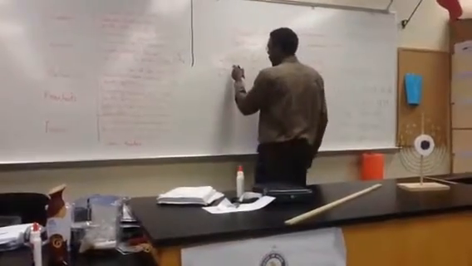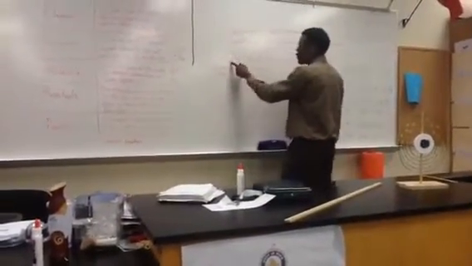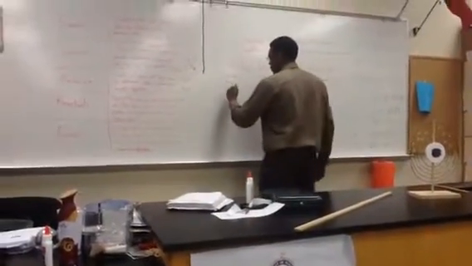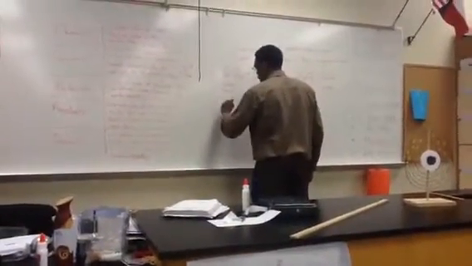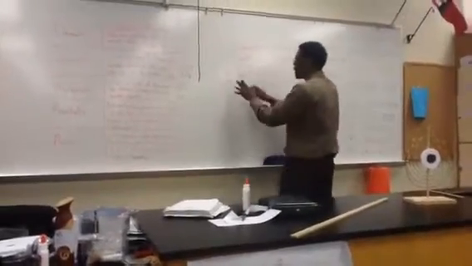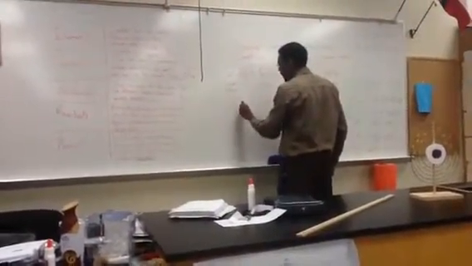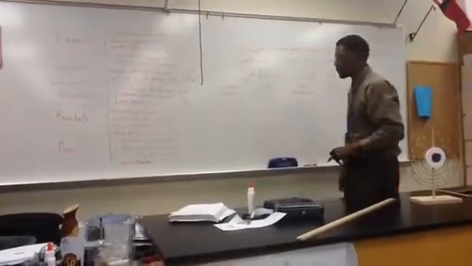All right, we have 3 atoms here. We're going to multiply that by your coefficient, which is 6. 6 times 3 equals 18. So that means in this section here, we have a total of 18 atoms.